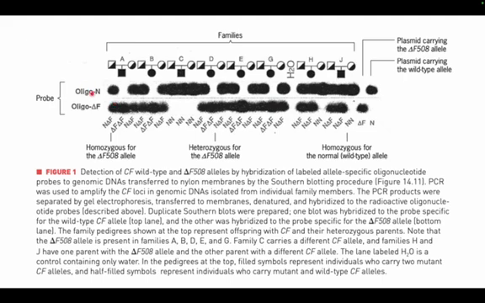Well, this will tell us if there's a wild type allele. So if we look at this individual, we see a hybridization band in both the wild type and disease alleles. So this is heterozygous for the del F allele.